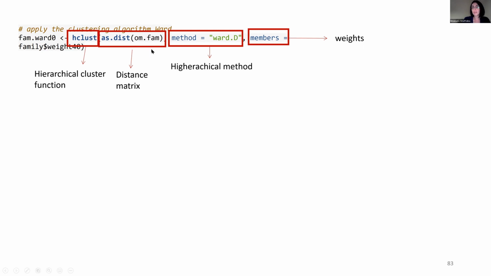For now, it's useful to know that this distance matrix is a pairwise distance matrix that we call here OM, after optimal matching. And we have to specify the method. And here it is Ward linkage, as I said before, which gives us a hierarchical cluster. And here we can further specify the weights using the members option. Keep in mind what we said before about weighting.